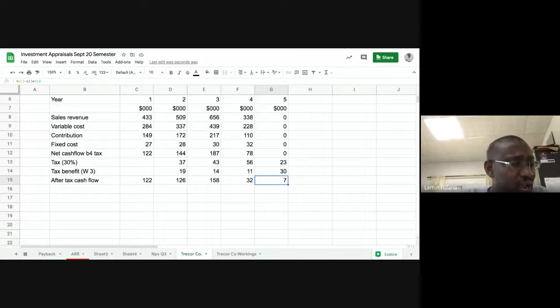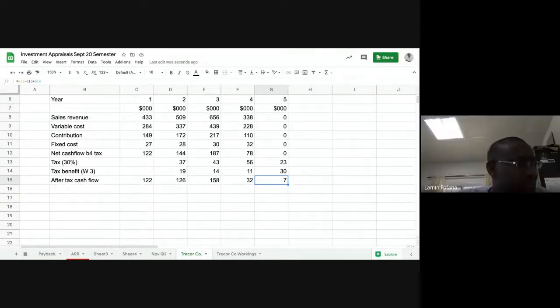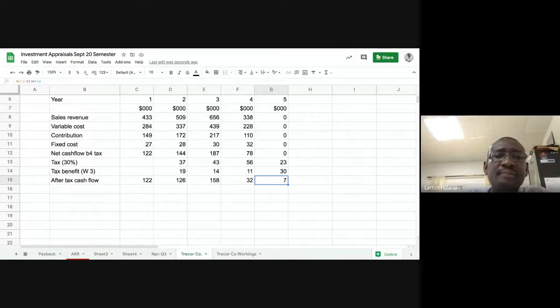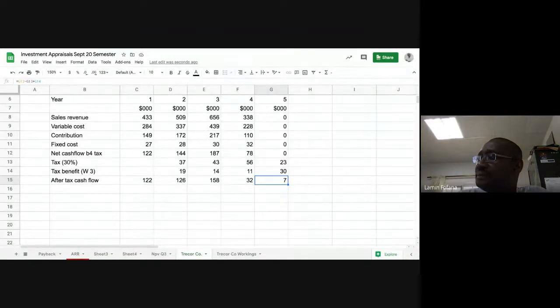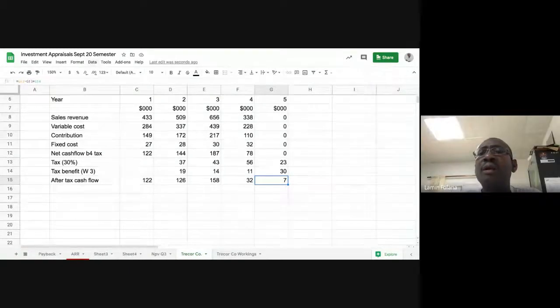But are we ready with all our cash flow? How have we treated all the cash flows? Please check, do we miss out on any of them? Which one?